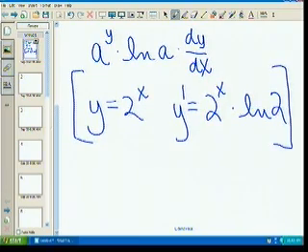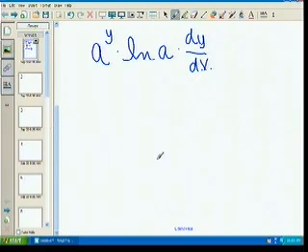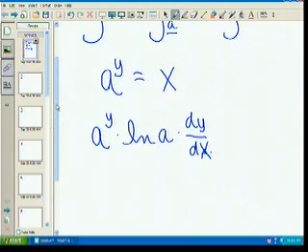So we've got a to the y. We need to solve, I'm sorry. That's the derivative of the left side.